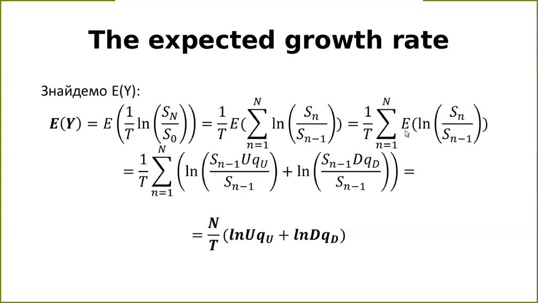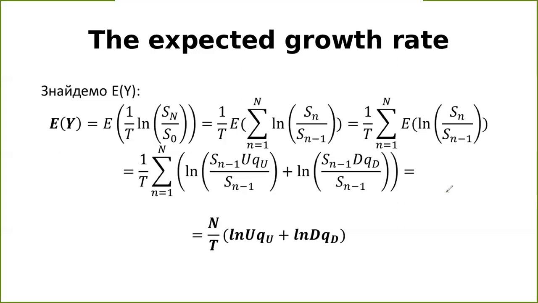You know what mathematical expectation is, yes? What is mathematical expectation? It is Sn, a random value, and it will be either Sn minus 1 multiplied by U, or Sn minus 1 multiplied by D, yes?